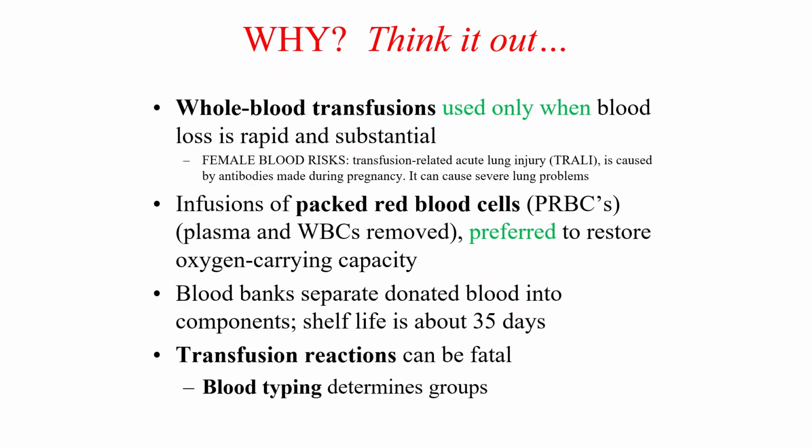In blood banks, they're going to separate donated blood into components. The shelf life is roughly about 35 days. And this is done to reduce the risk associated with transfusing parts of the blood that's not necessarily needed for that individual, because it increases the risk when we do so, okay?